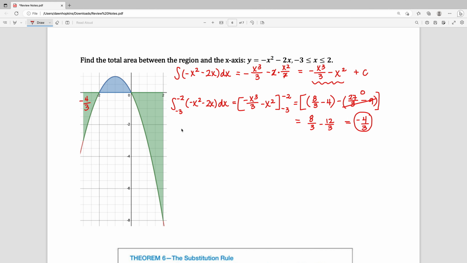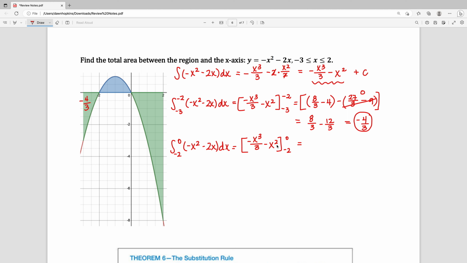Now we're going to repeat the process 2 more times. We're looking at now the interval from -2 to 0, and we'll repeat the process. So this time we're going to be evaluating -x cubed over 3 minus x squared from -2 to 0. Plugging in the 0 first, you get 0 cubed over 3, which is 0 minus 0 squared.